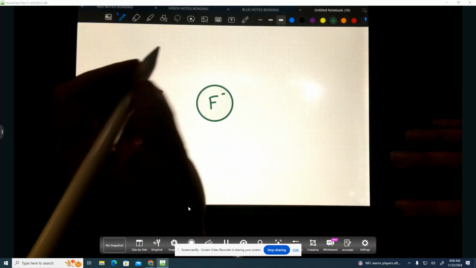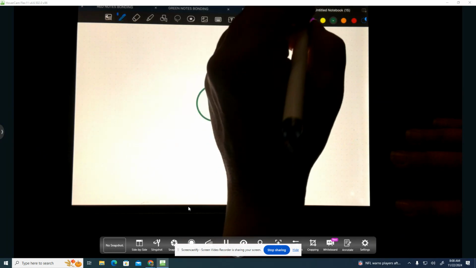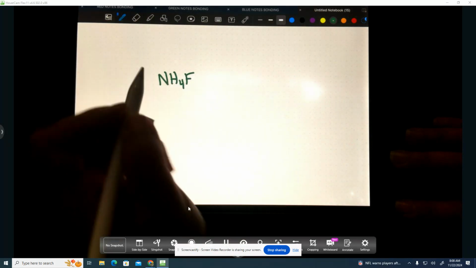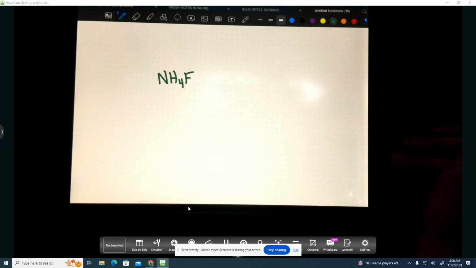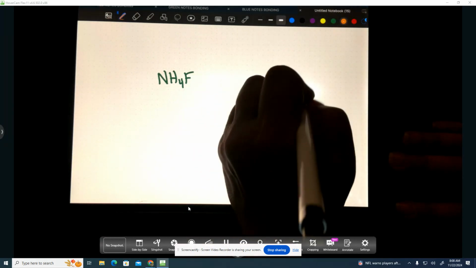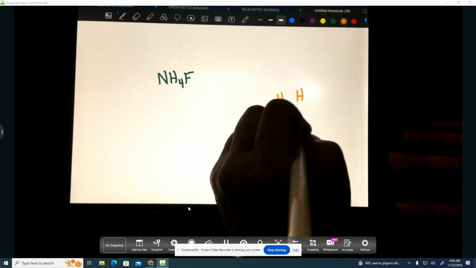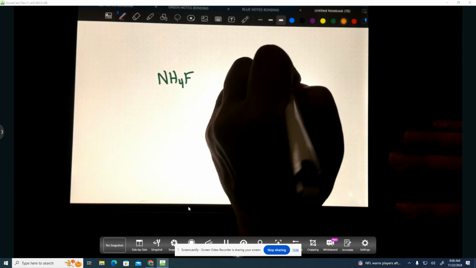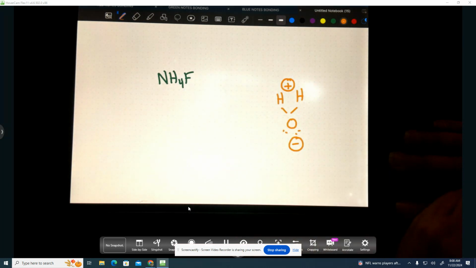I'm going to make this bigger. Let's say this is fluorine. Get rid of that. So, ammonium fluoride. Let's say that's it. Okay? And then they give you a water molecule over here. This side's positive, this side's negative.